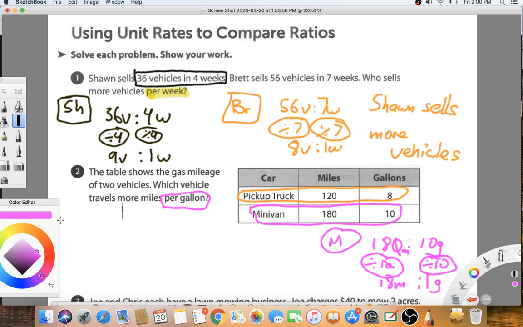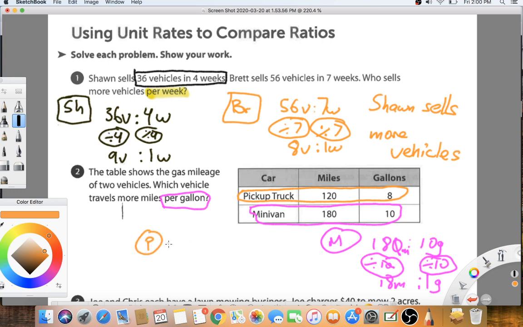Now let's see for the pickup truck. I want to keep the same color. So for the pickup truck, it's going to be 120 miles per 8 gallons. And we need to find out how much per gallon it is. What do you divide the 8 by to make it a 1?